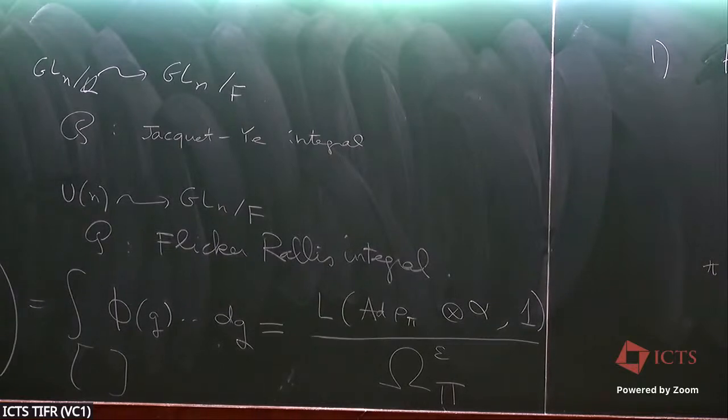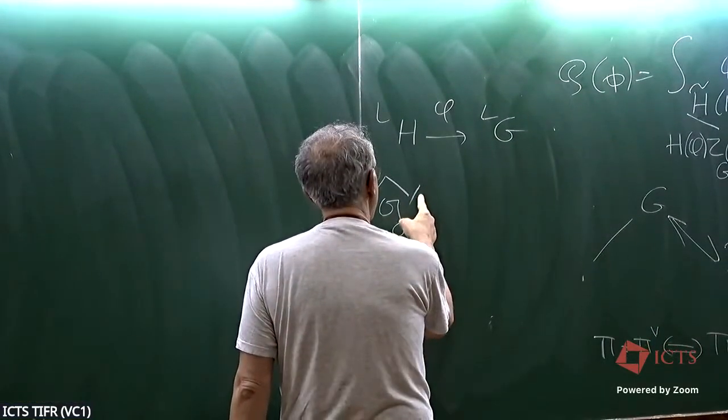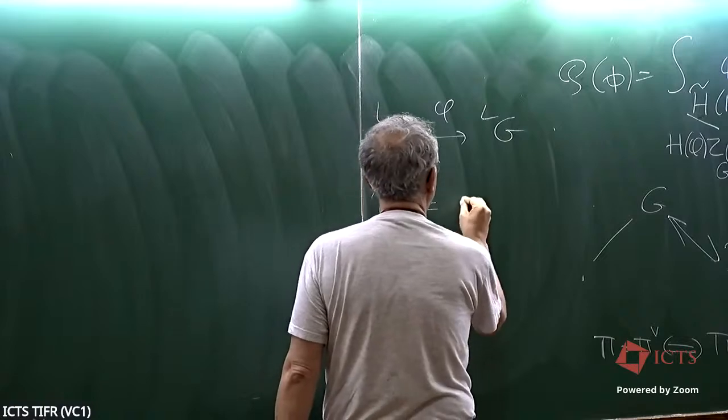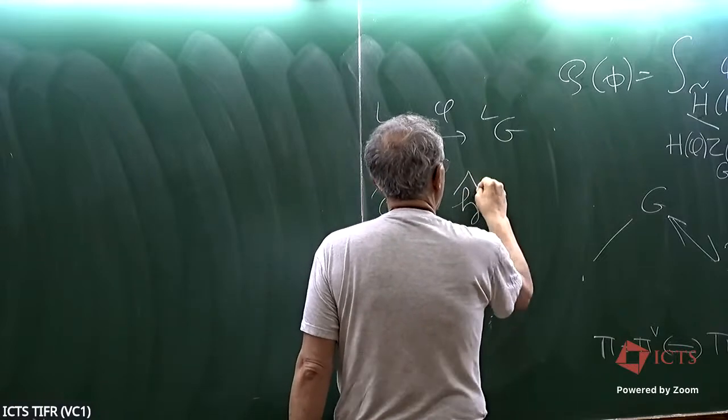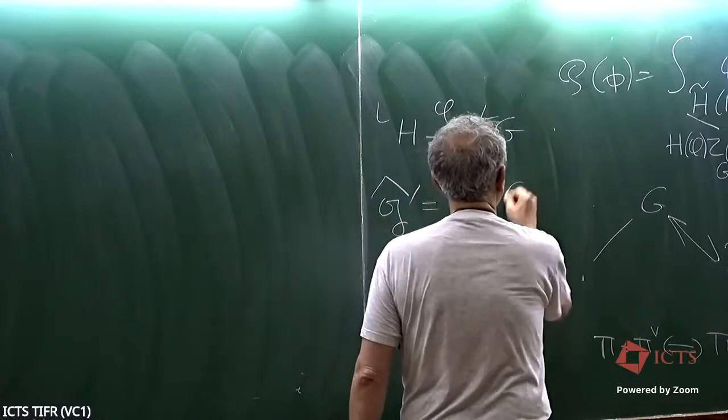If you remember, in this context, the datum of phi gave rise to a decomposition of the semi-simple part of the Lie algebra of the dual reductive group as the semi-simple part of the Lie algebra of H plus something.